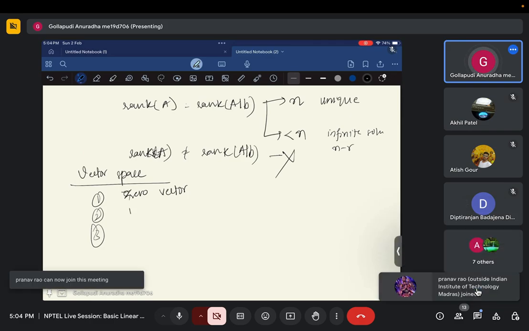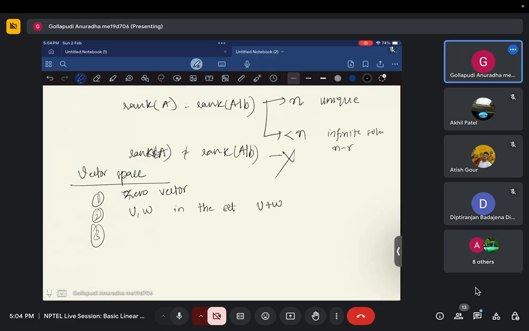And then if these two are vectors in the set, even the addition or linear combination has to satisfy the constraints which are imposed on the components. And then the scalar multiplication.